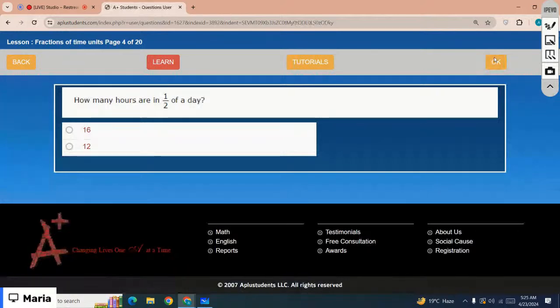Which is the correct option? That is 12 hours, right?